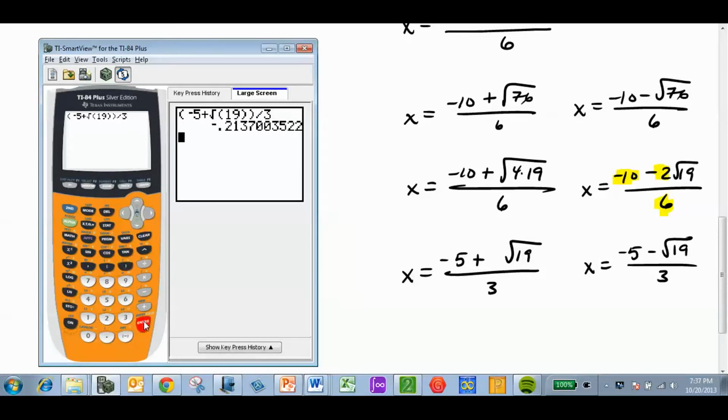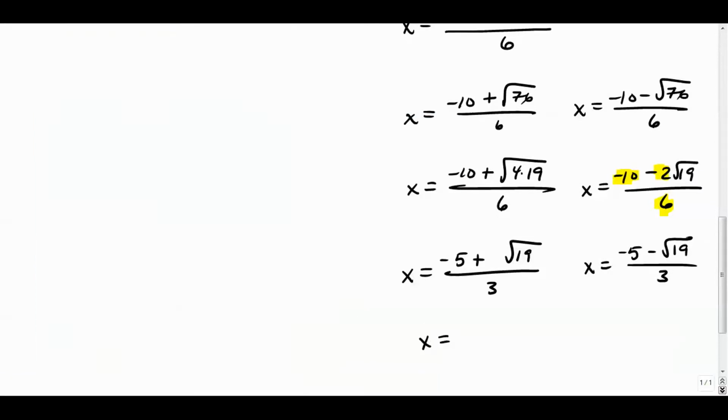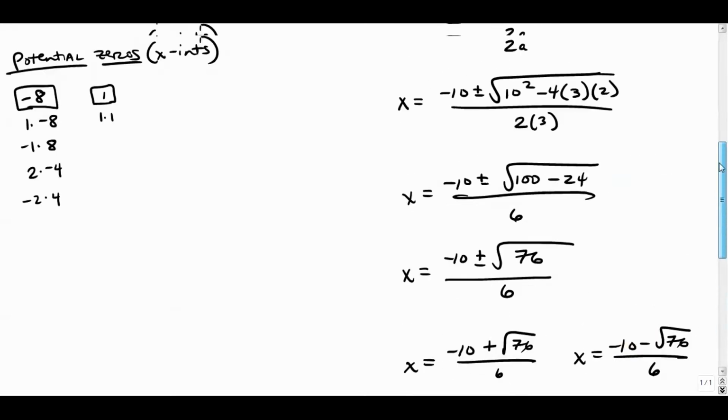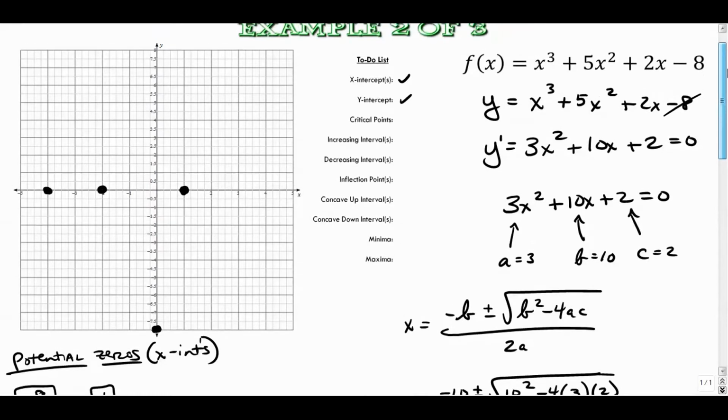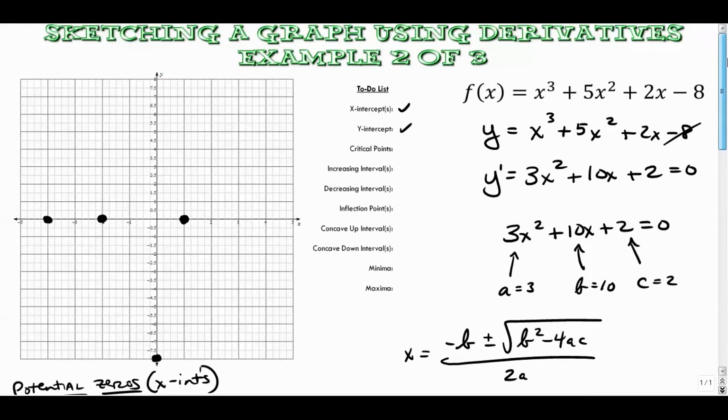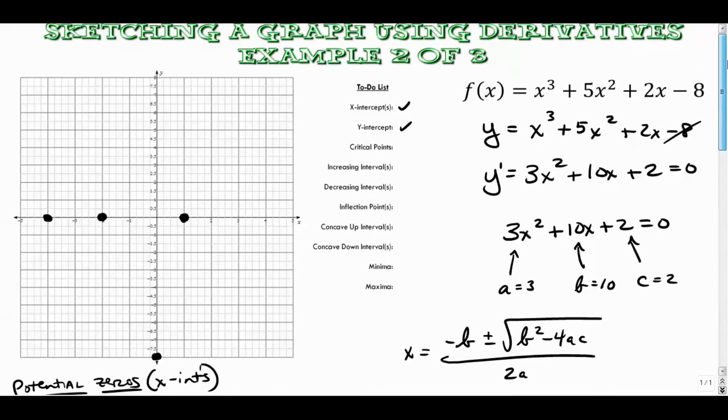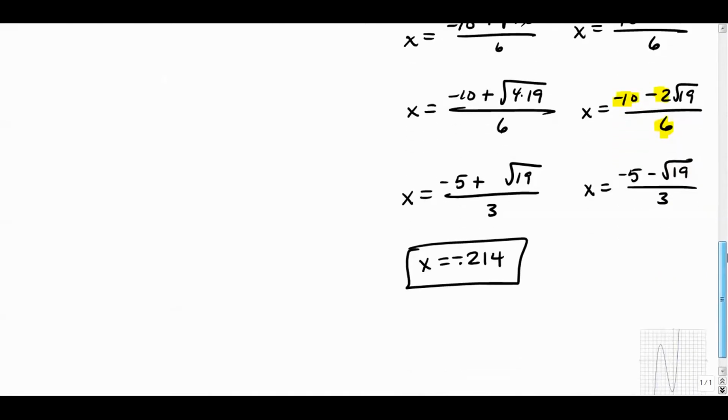So I get negative 0.214. Negative 0.214. That's another one of our zeros. Let's see if that makes sense. Negative 0.214. And I don't think it does. Interesting. Alright, we'll see where we made a mistake. We'll come back to that.